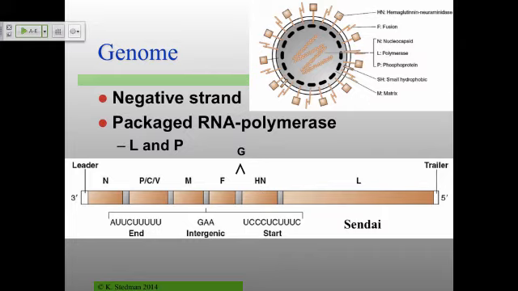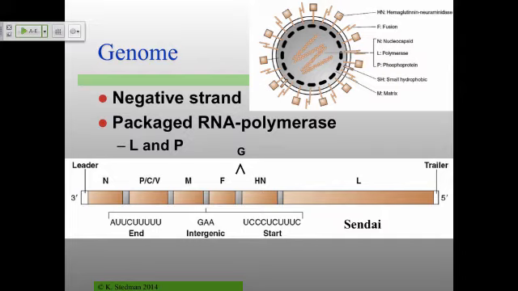Now, of course, we flip things around, 3' over on the left, 5' over on the right. What you have are these interesting intergenic sequences between all of your structural proteins, which you have down here at the 3' end, and then the non-structural protein, the replicase protein, down here at the 5' end.